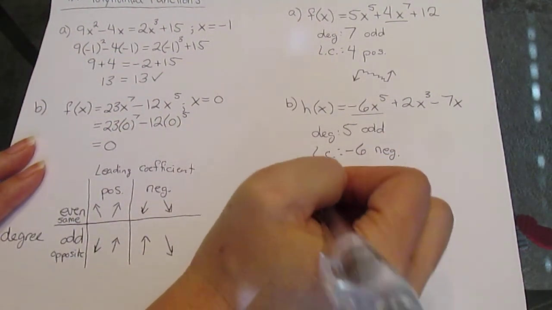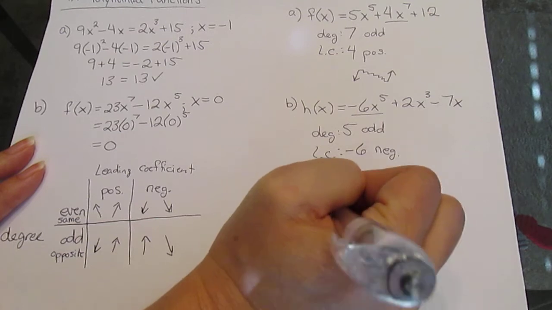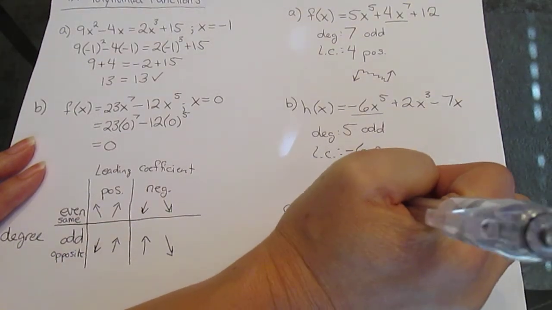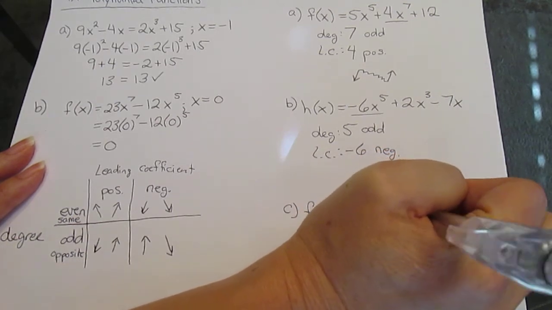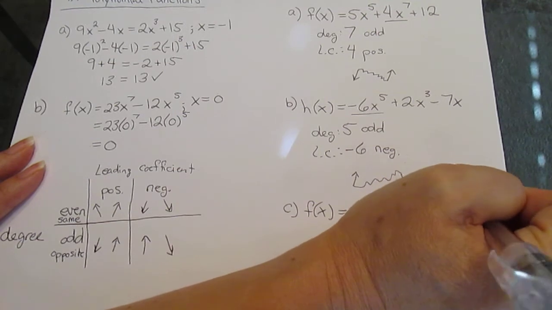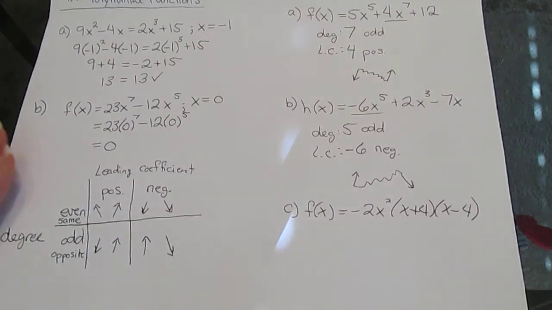One more example, f of x equals negative 2x squared times x plus 4 times x minus 4. Okay, well, it's in factored form. You can't find the degree when it's in factored form, so you need to multiply it out.